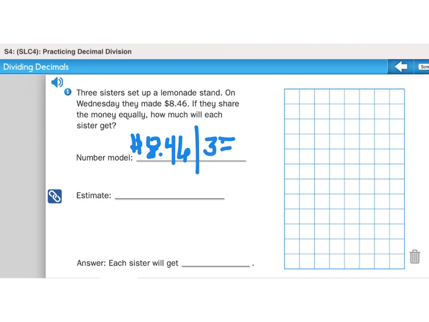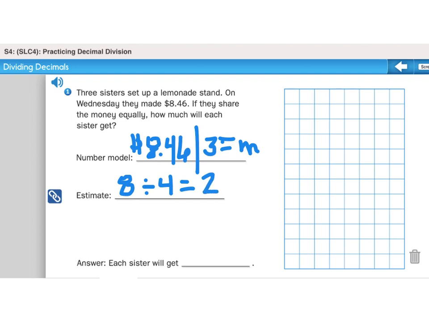So we're going to say that's going to be how much money they will each earn. So for our estimate, we are going to round that $8.46 to 8, and we are going to divide it by 4. I rounded that 3 up to 4 because it's a little bit easier to divide with 8. So when we do that estimate, we get an answer of 2.